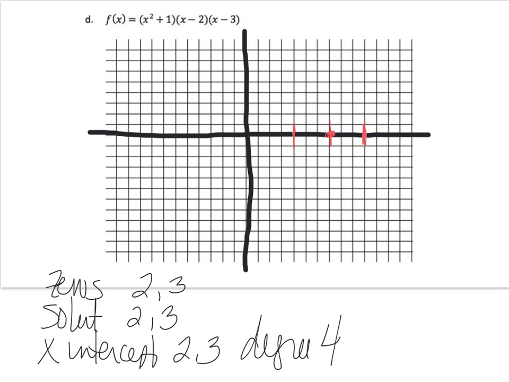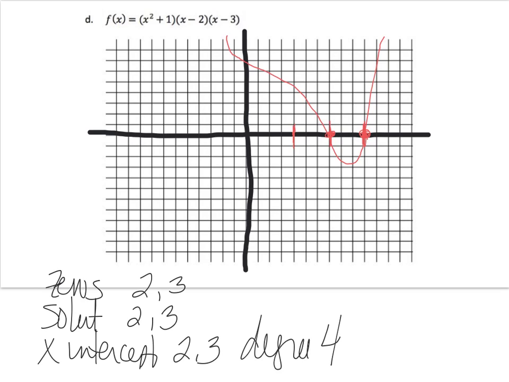So I'm going to cross here and here. Take a little loop. Okay, pretty funny looking.